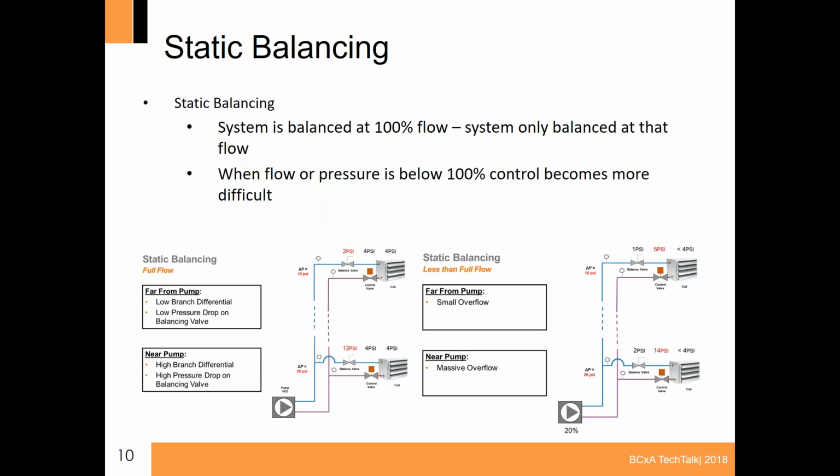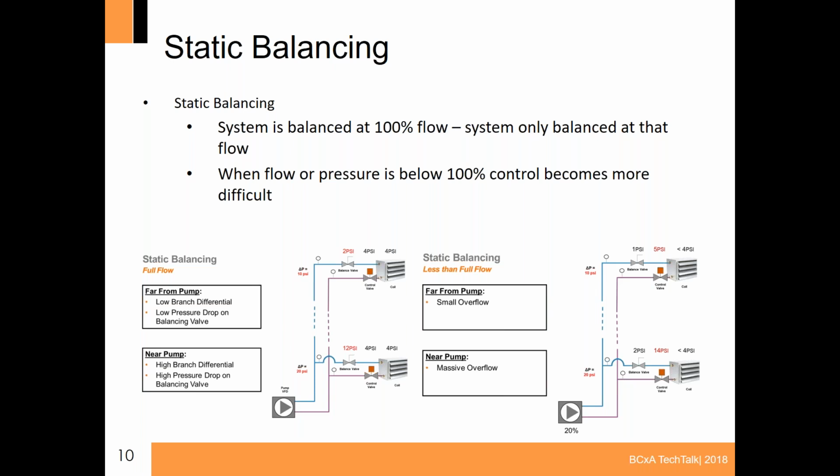All right, I want to show you a diagram in regards to static balancing, which is the traditional method, balance valve and control valve scenario, where in the traditional balancing, we go through and set up the system for 100% flow. And that's great, everything's balanced, and if we're flowing 100%, everything is going to operate probably fairly nicely.